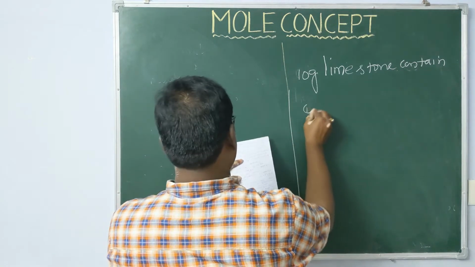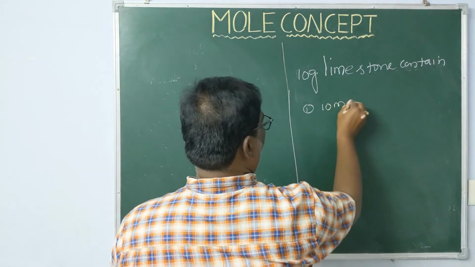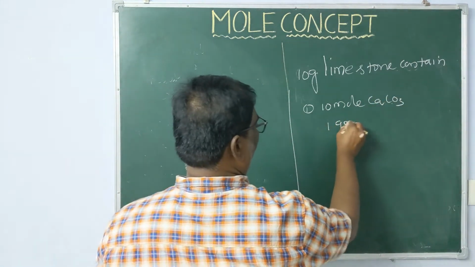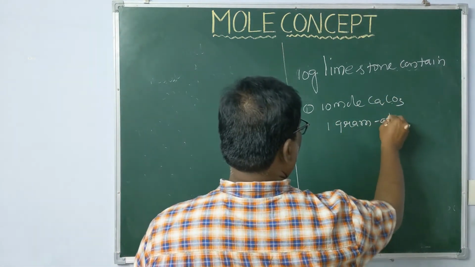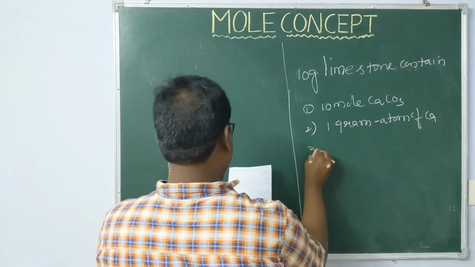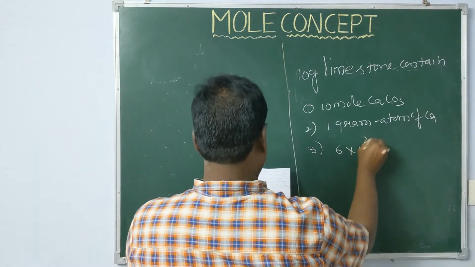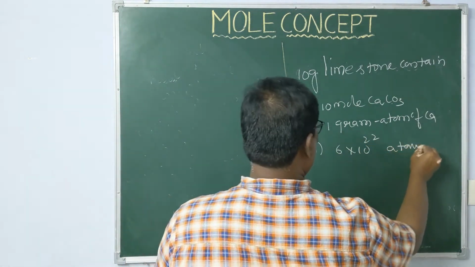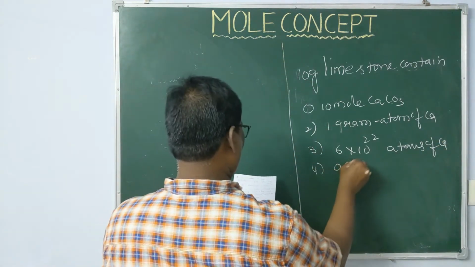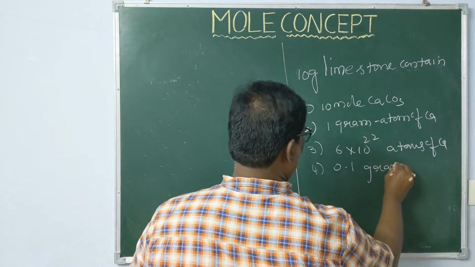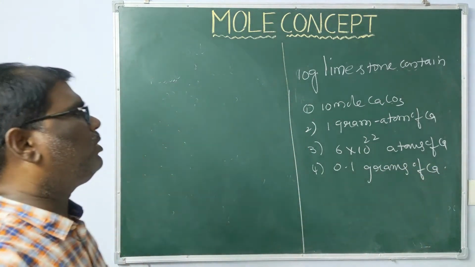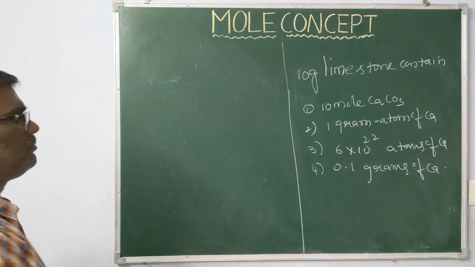The options are 10 mole limestone, 1 gram atom of calcium, 6 into 10 power 22 atoms of calcium, 0.1 grams of calcium. What is the right answer about 10 grams of limestone?